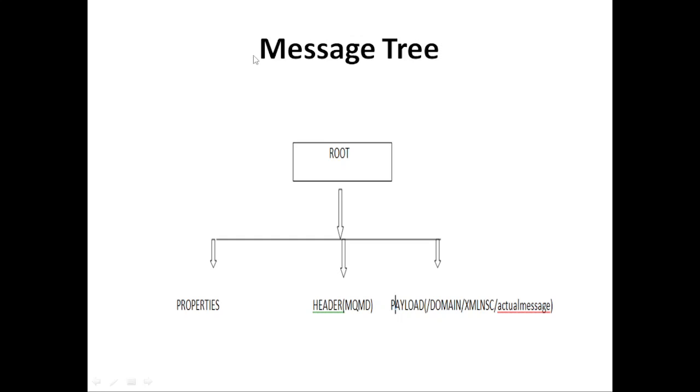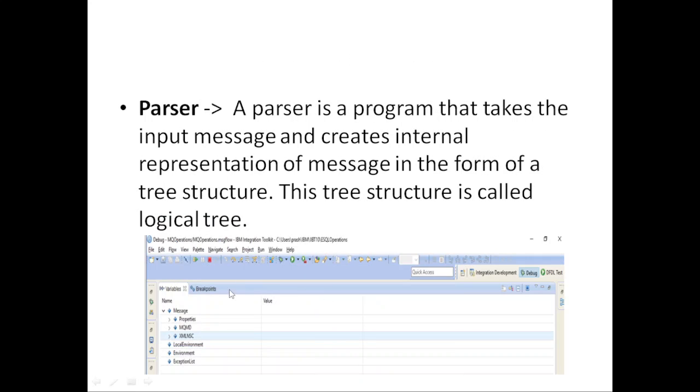The message tree has three parts: the properties, the header, and the payload. As you saw in the last lecture, and as I will show in debugger mode also, in the message we have properties, MQMD, and the XML.